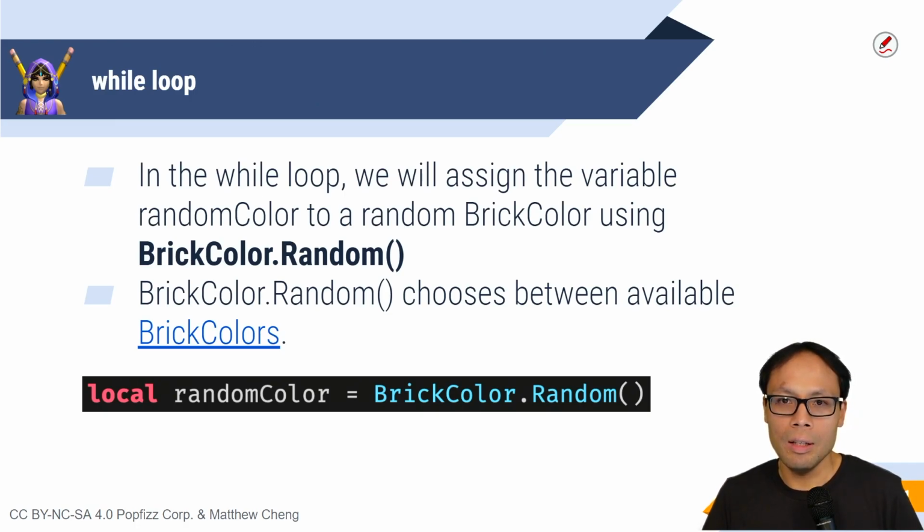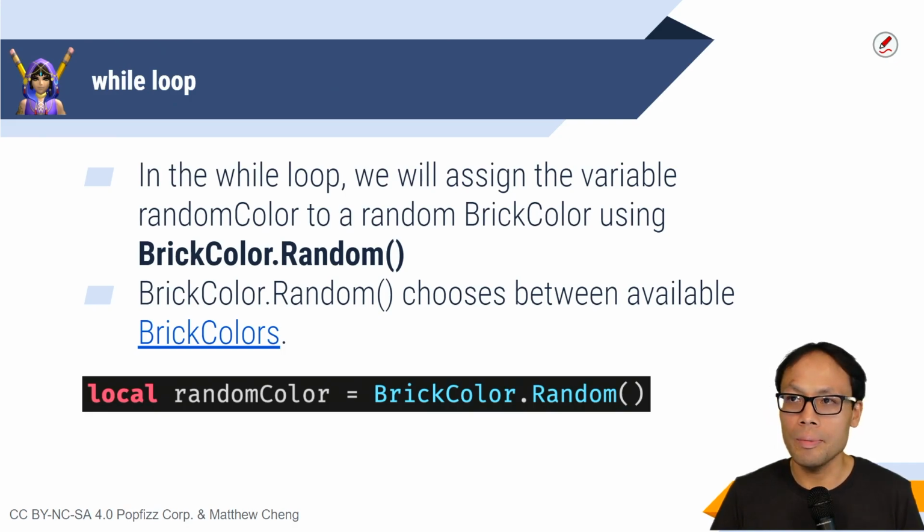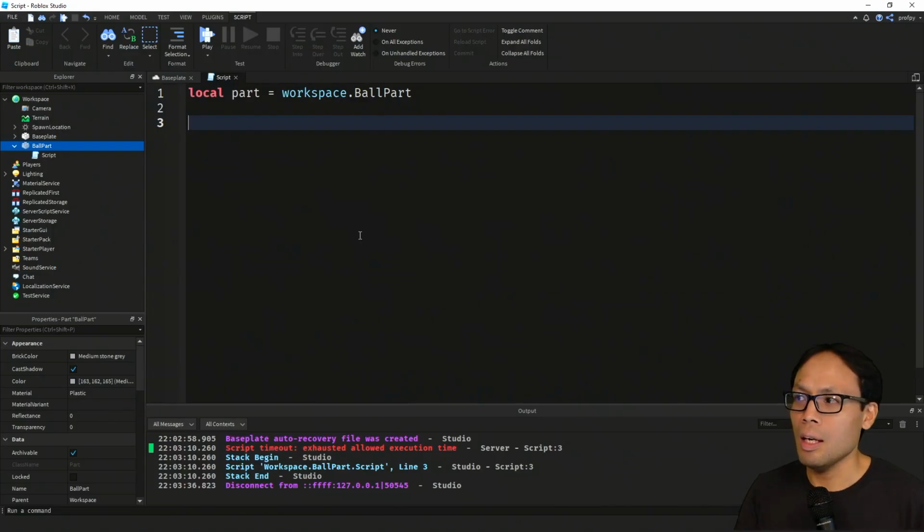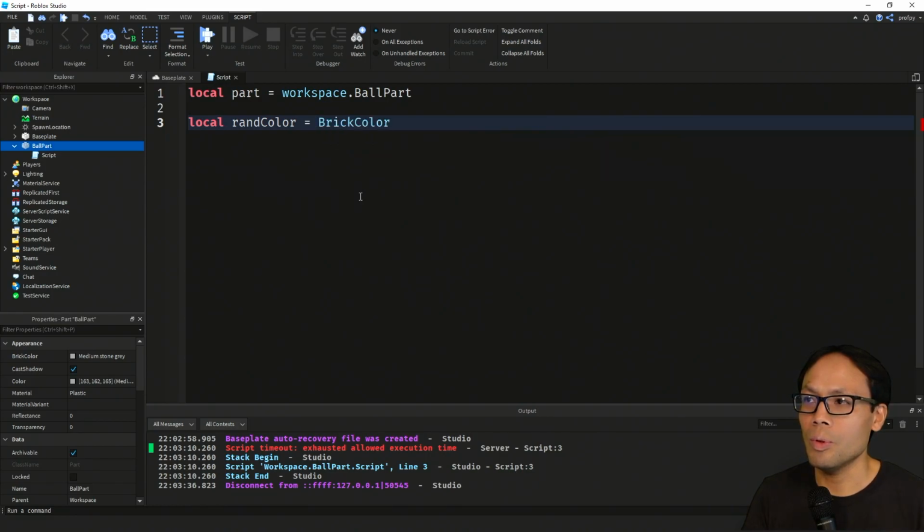Now in the while loop, we're going to assign the variable random color to a random brick color using BrickColor.random. BrickColor.random chooses between available brick colors that Roblox has already decided. So let's have local randomColor equal BrickColor.random.